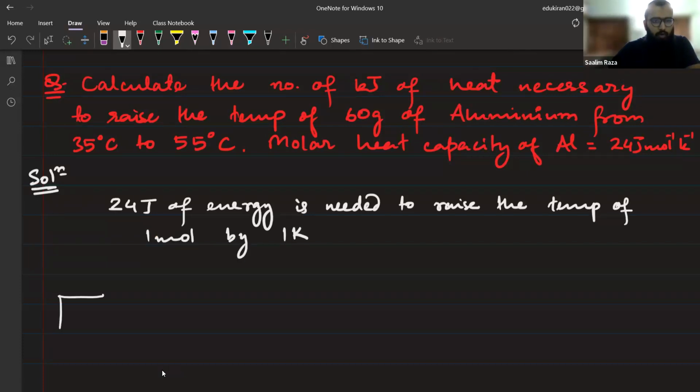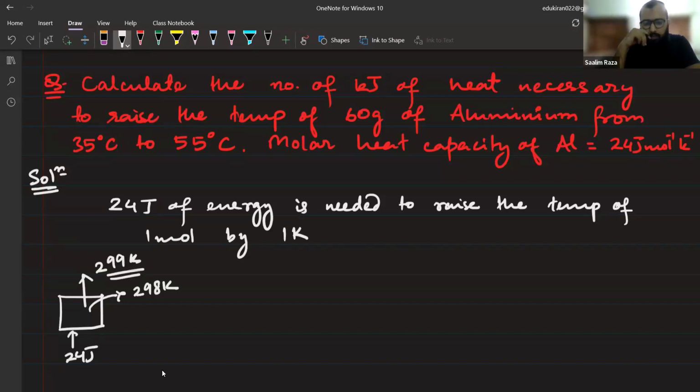So if I have 1 mole of aluminium, and this aluminium has a temperature of, let us suppose, 25 degrees Celsius, that is 298 Kelvin. Right now it is at 298 Kelvin. I'll have to give it 24 joules of energy to increase the temperature to 299 Kelvin. Is that clear? Yes or no? Please tell me, guys.